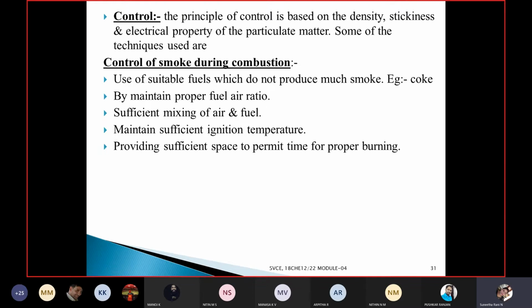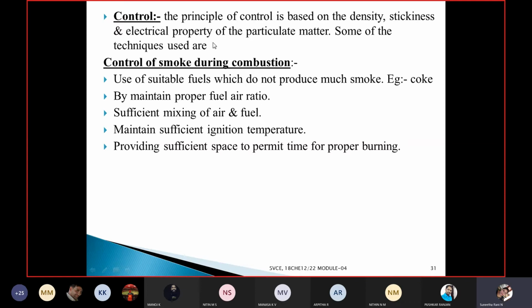How can we control this particulate matter? It can be controlled based on the density, thickness, and electrical property. Some of the techniques used to remove particulate matter are the use of sustainable fuels which do not produce much smoke like coke, maintaining the fuel air ratio, sufficient mixing of air and fuel, maintaining sufficient ignition temperature, and providing sufficient space and time for proper burning.